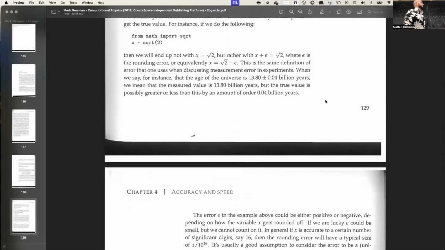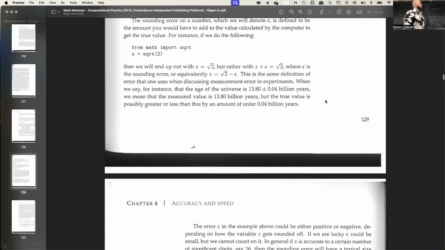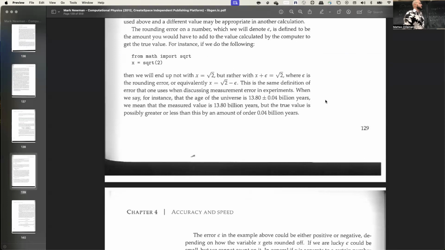So we have an example with x is equal to the square root of 2.